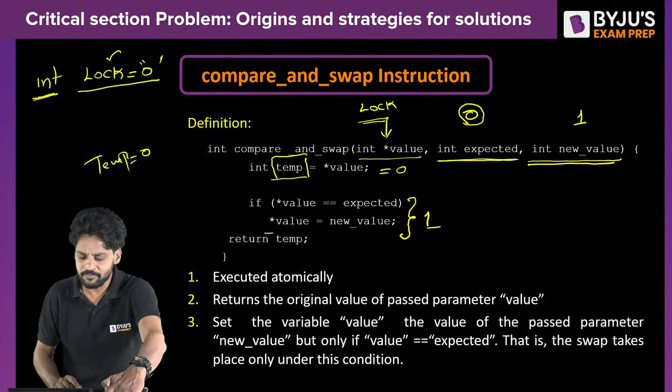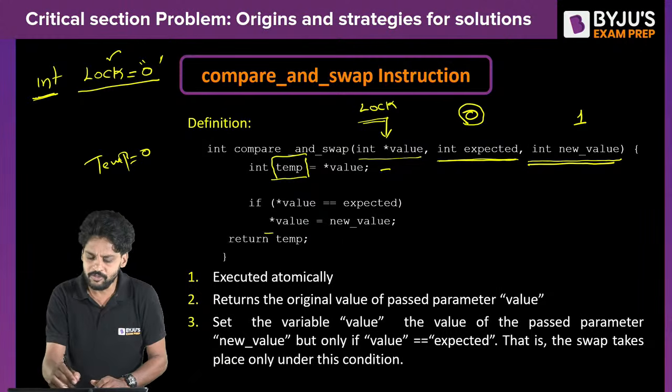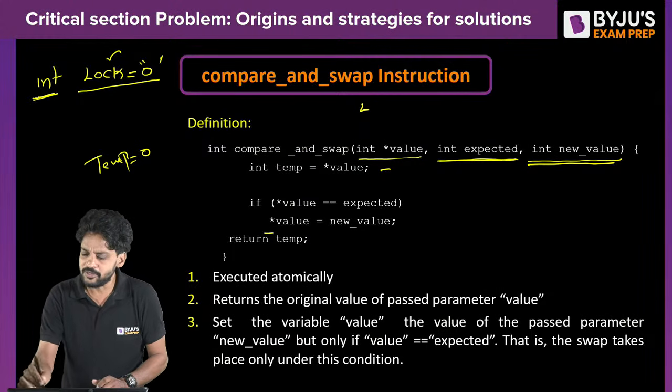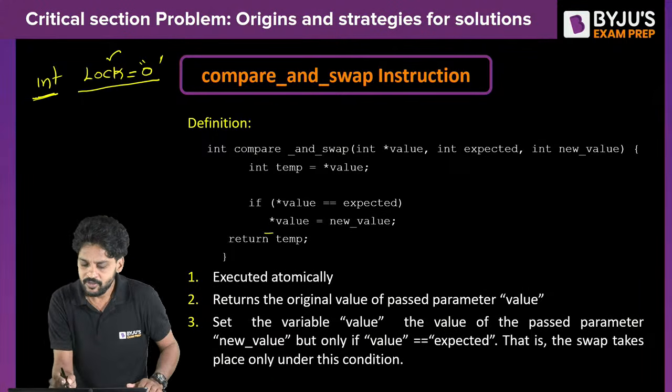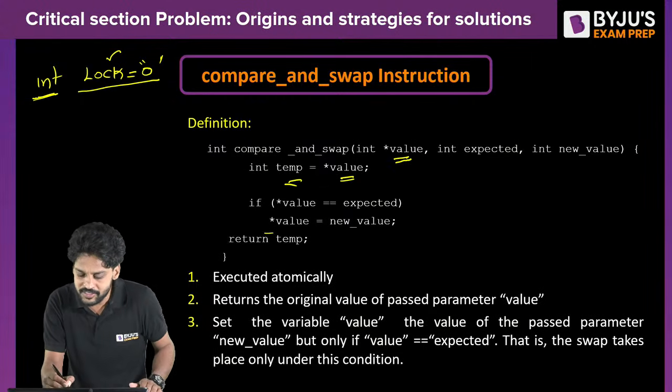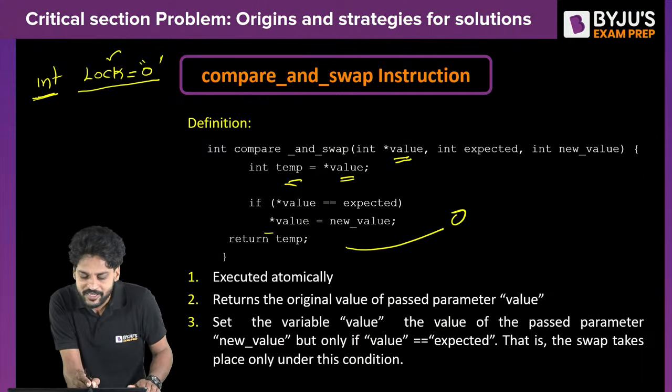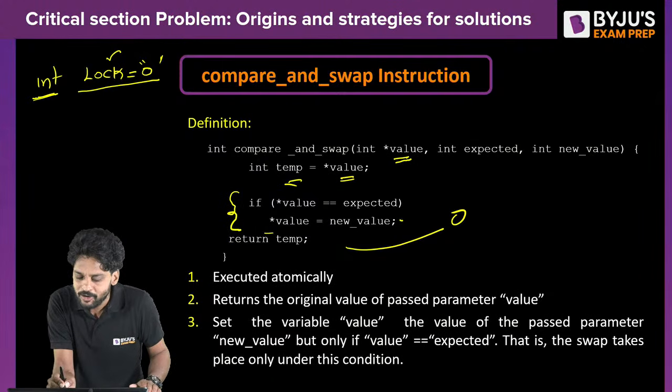Let us have a look. When you make a call, before you enter into the critical section, you need to call this, right? When you make a call, obviously the lock value is equal to 0. That value is passed to temp. This temp returns 0. Meanwhile, you are setting this lock to 1.